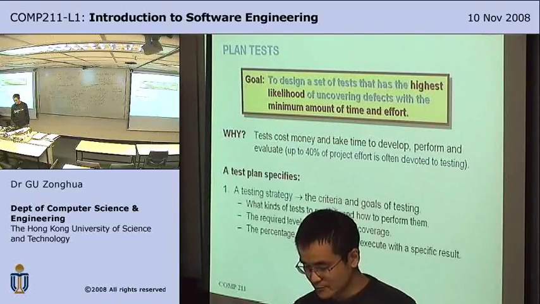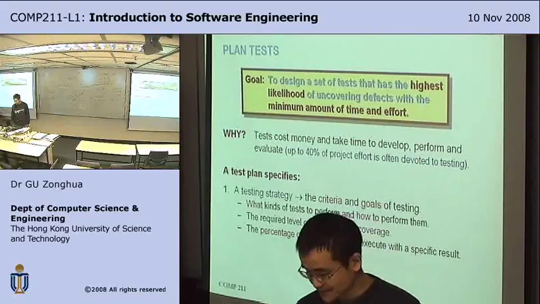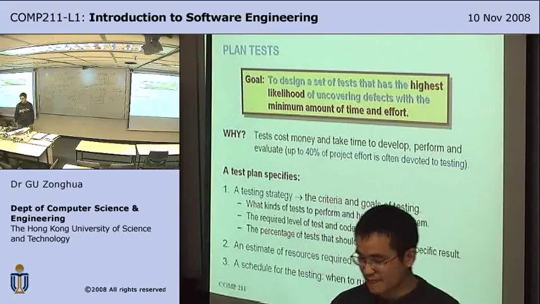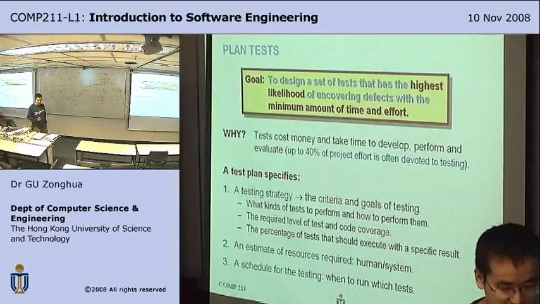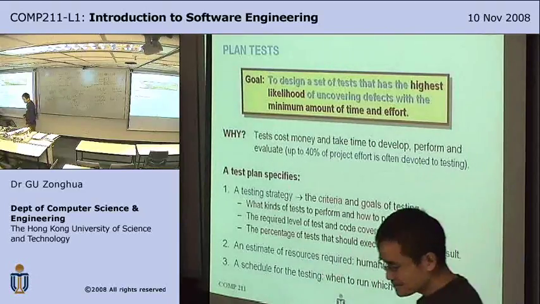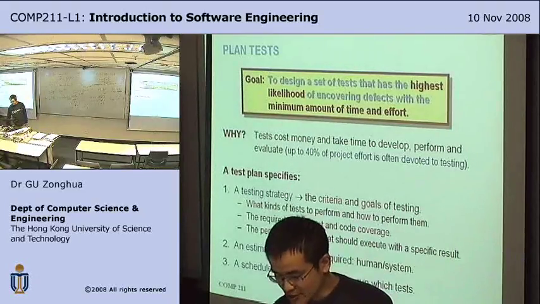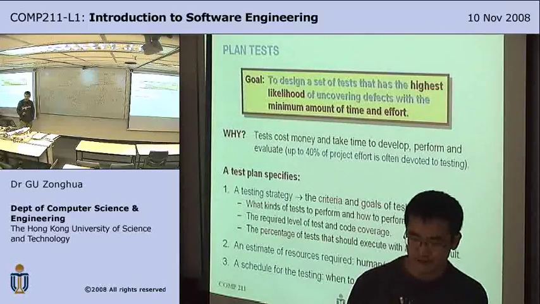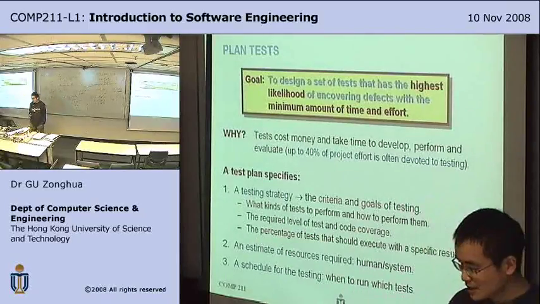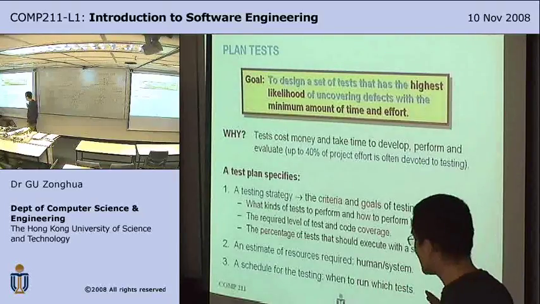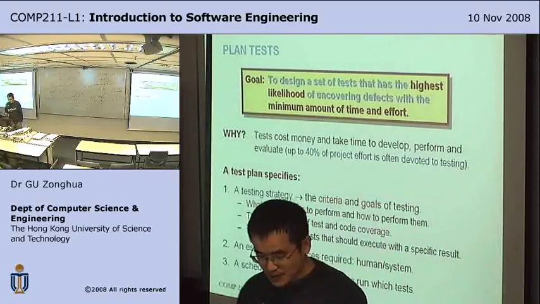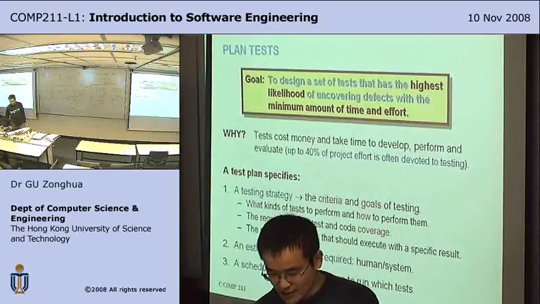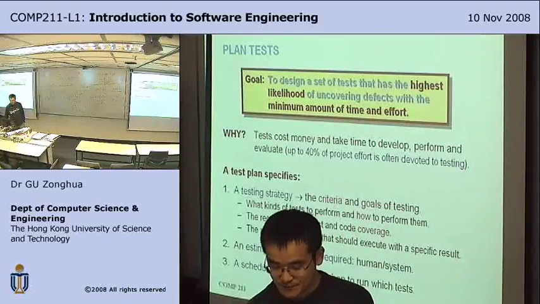So a test plan specifies a strategy, the estimate of the resources, and a schedule for testing, when to run which tests. The strategy includes the criteria and goals of testing, including what kind of tests to perform and how to perform them. We'll discuss different kinds of tests like white box, black box, integration testing, etc., and provide level of test and code coverage.